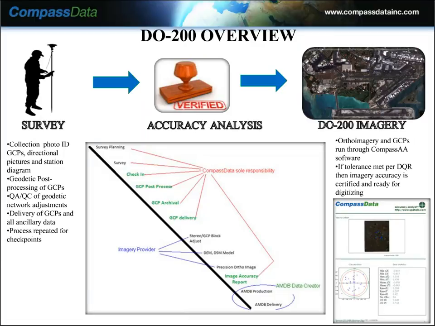but in most cases it's CompassData using 30 or 50 centimeter resolution imagery from DigitalGlobe to produce the high accuracy orthos.